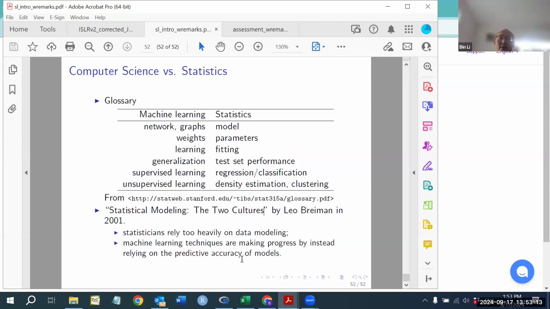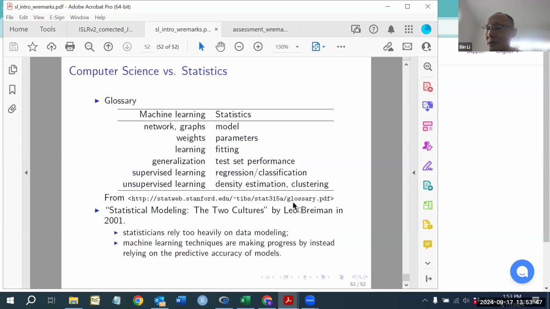Okay. And one of the papers that I strongly recommend you read is Statistical Modeling: The Two Cultures by Leo Breiman, who is one of the most well-known statisticians, one of the leading statisticians who introduced machine learning and artificial intelligence into the statistics field.